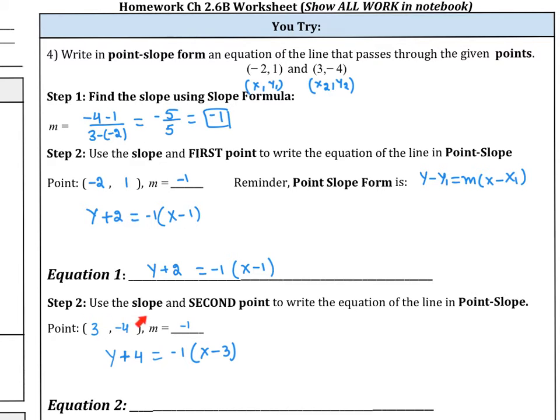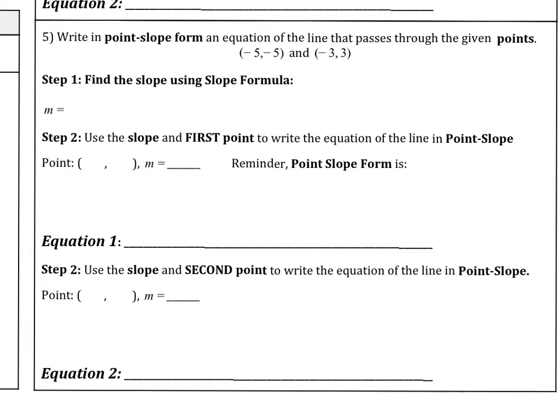For equation number 2, we use the same formula, but the point is going to be different, (3, -4). Remember, if it's negative, you're going to use the opposite sign. So y plus 4 equals -1 times x minus 3. That's equation number 2. Question number 5 is done the same way. You're going to choose x1, y1 and x2, y2 and apply the slope formula y2 minus y1 over x2 minus x1.